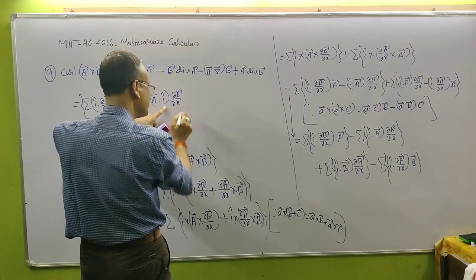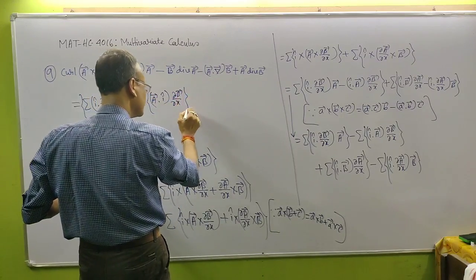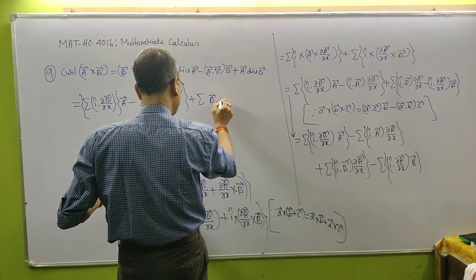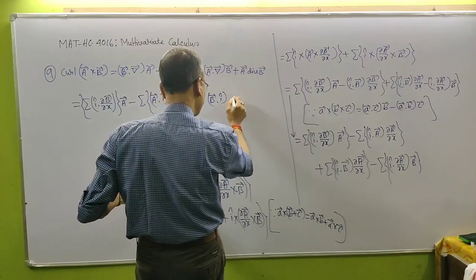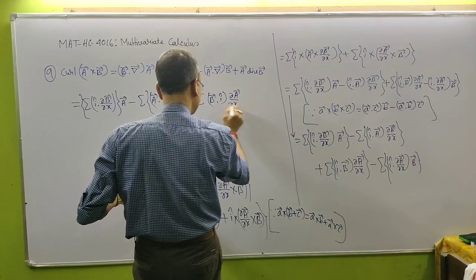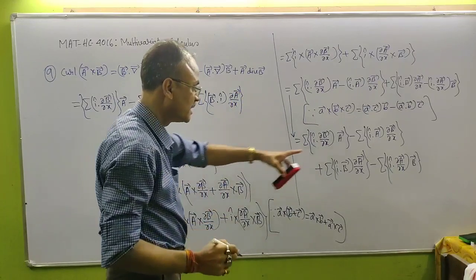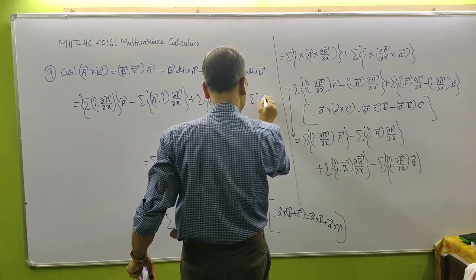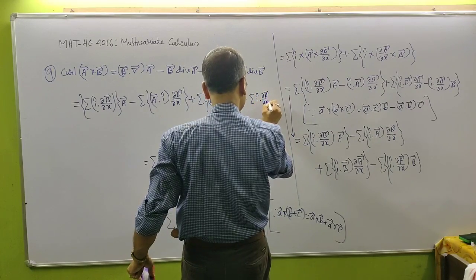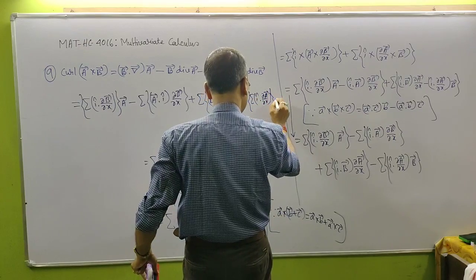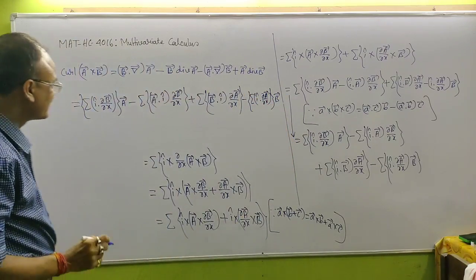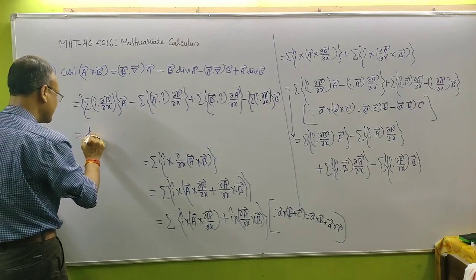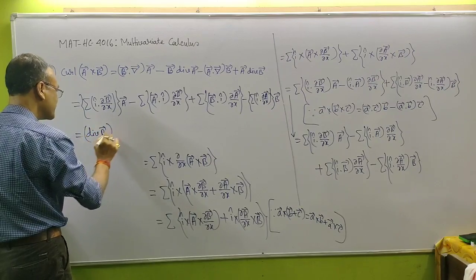Plus B vector dot i cap del A by del x minus i cap dot del A by del x B vector. What is i cap dot del B by del x? It is nothing but the divergence of B vector.